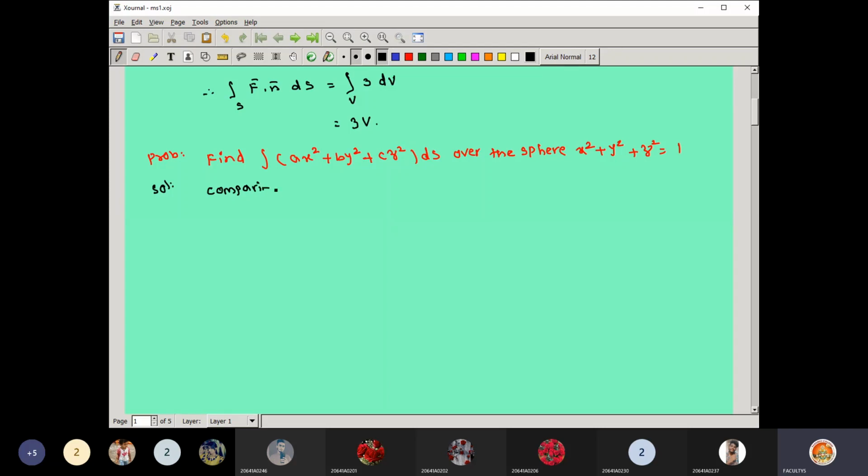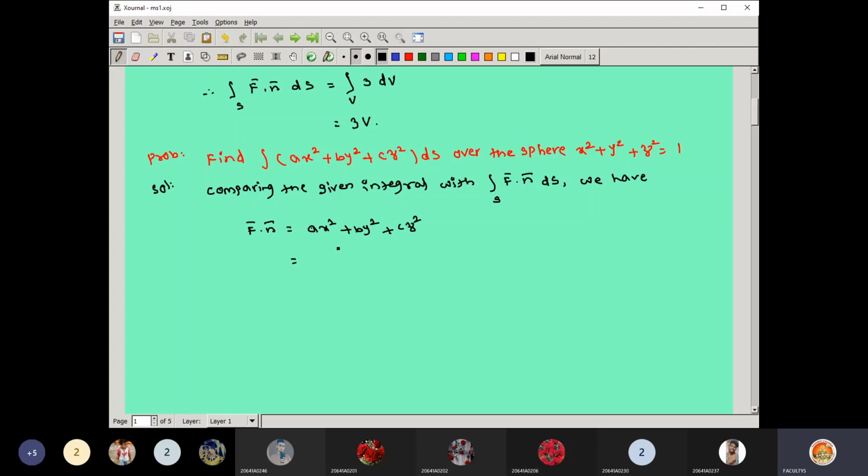Comparing the given integral with integral over S f bar dot n bar ds, only the ds term is there, and there is no f bar and n bar. So directly I can write f bar dot n bar is exactly what they have given, ax square plus by square plus cz square.